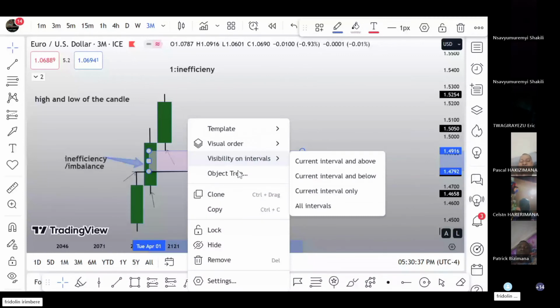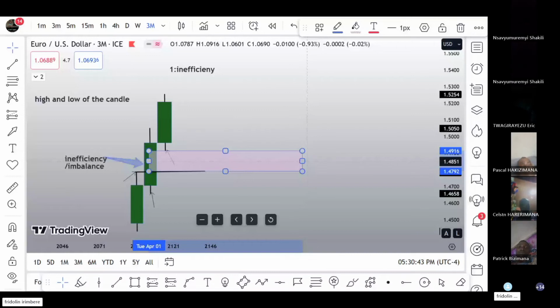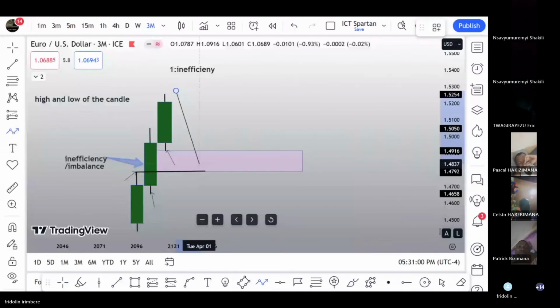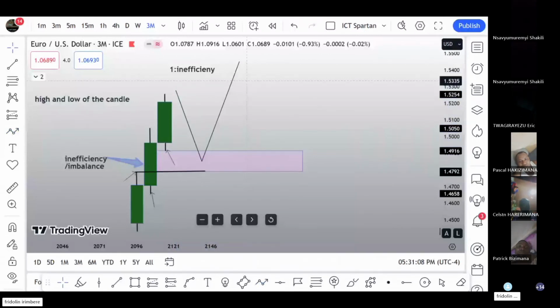Orders zasigaye ziri unfilled bisigura ko igihe cyose iyo price isigaye inyuma, iyo level isigaye inyuma, price izoyigarukako ikayi tradingamo. Ni ukuvuga price it will be like this, izagaruka and then right higher. Izayigarukamo hama igirene izamuka. This is what we call inefficiency. Nimba ari kuri higher time frame, nimba ari kuri lower time frame, hose itegerezwa kuzohagaruka.